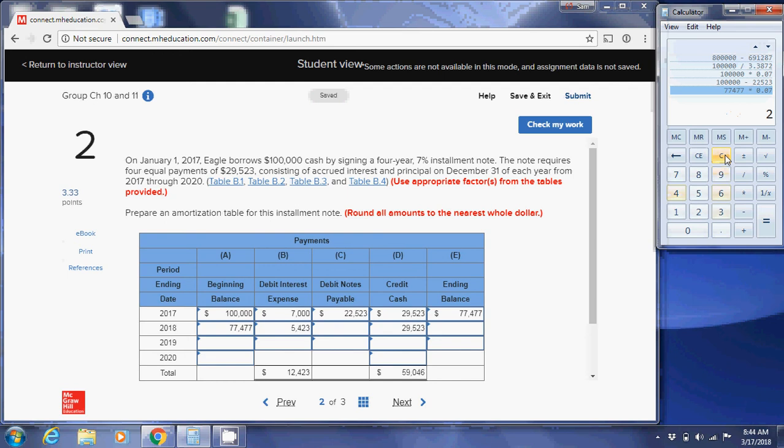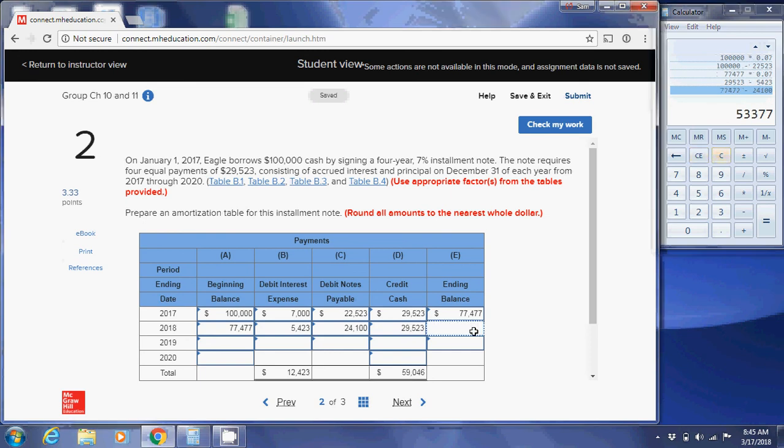Then I'm going to take $29,523 minus the $5,423, and that's going to give me a debit to notes payable of $24,100. So now I'm going to take my ending balance, $77,477, minus the debit to notes payable, $24,100, and that gives me $53,377. And we keep running that through the same way.